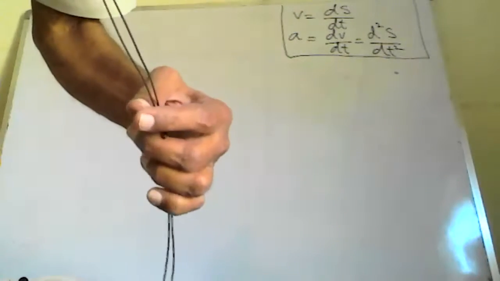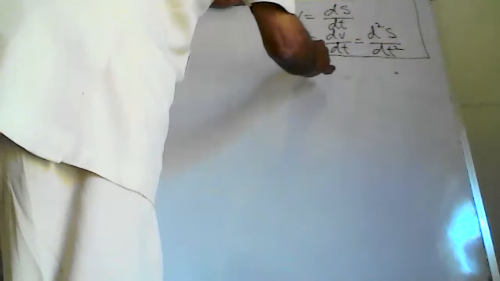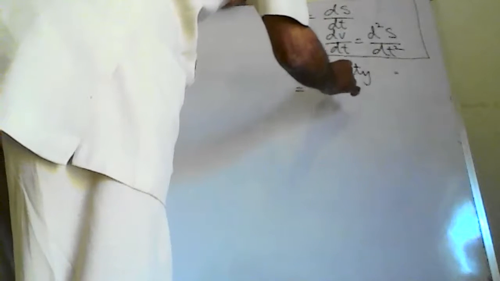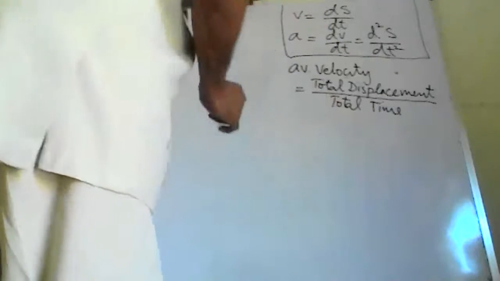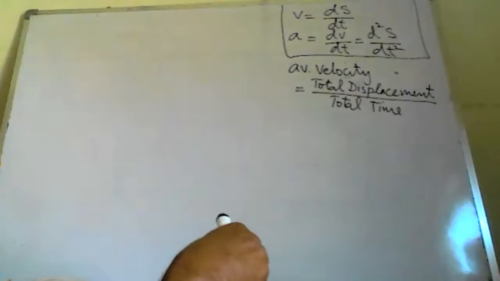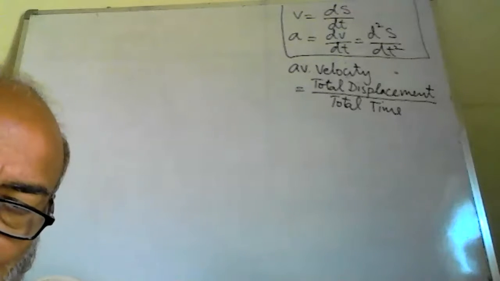So the formula for the average velocity is, this is not with the derivative. This is the formula for the average velocity.